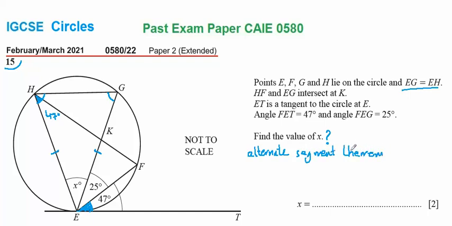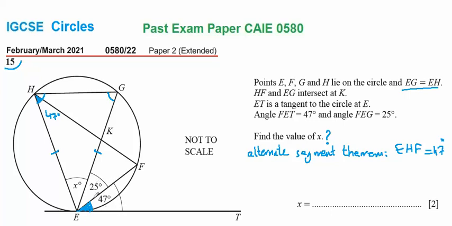I'm also showing the working here. So we can say that angle EHF is equal to 47 due to this property. Now, this is also a chord EG, which is making an angle of 25 plus 47 with the tangent.